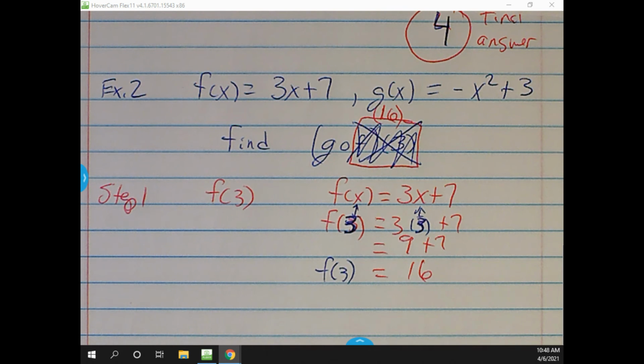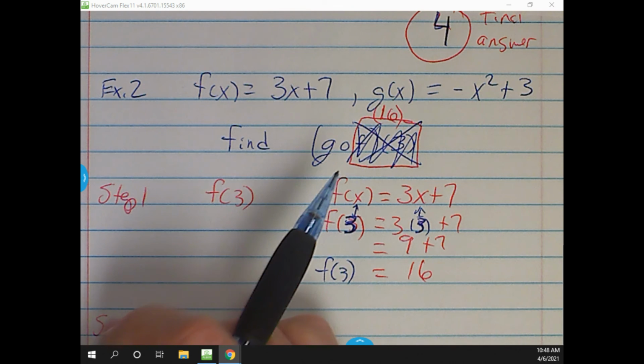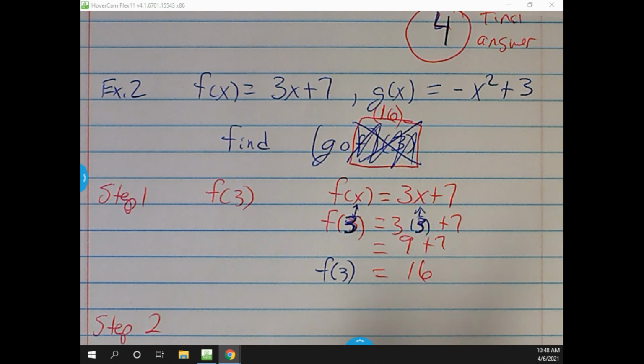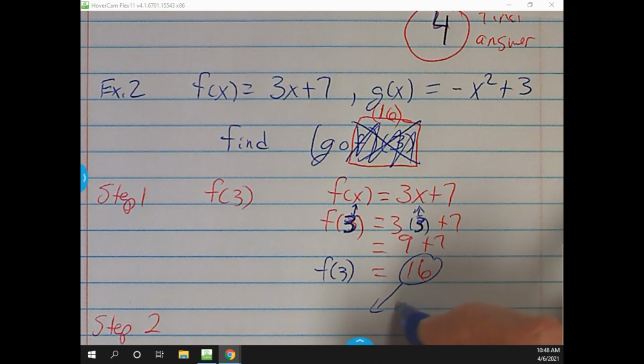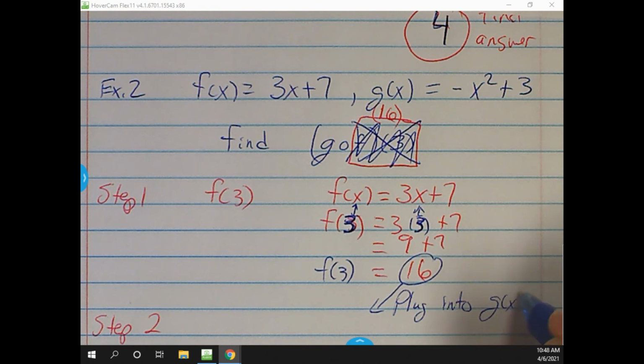So then step 2 is we're going to take this answer of 16 and plug it into g of x.